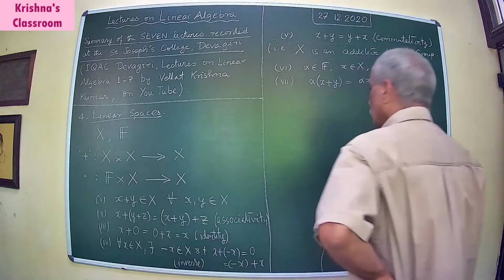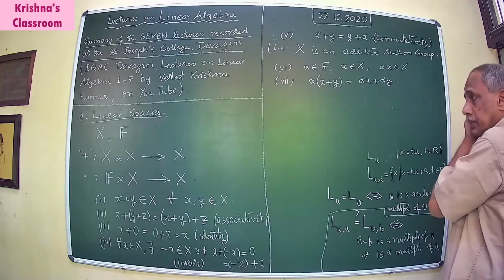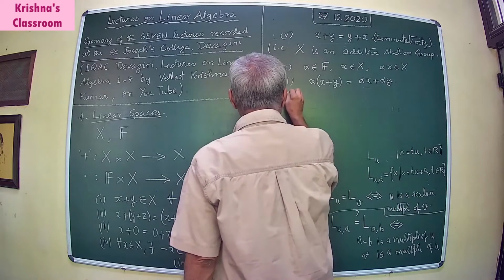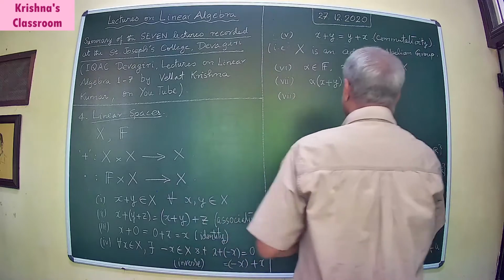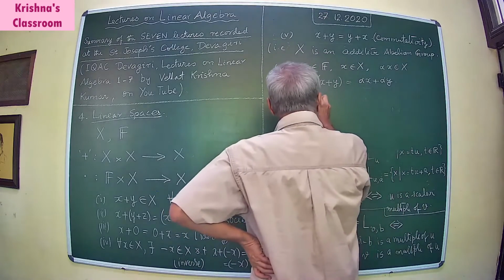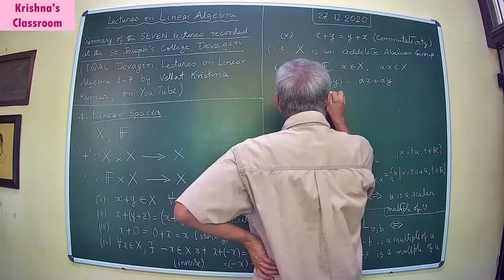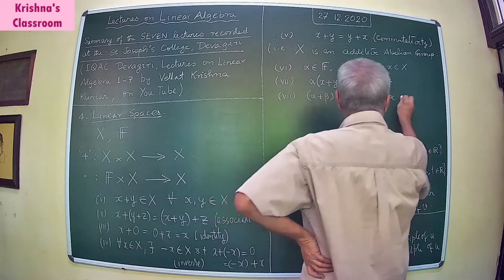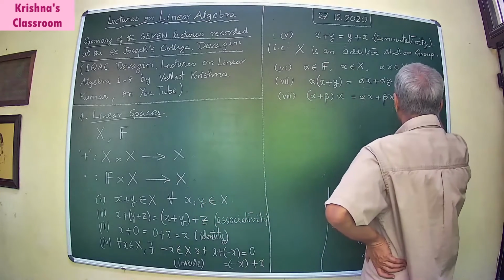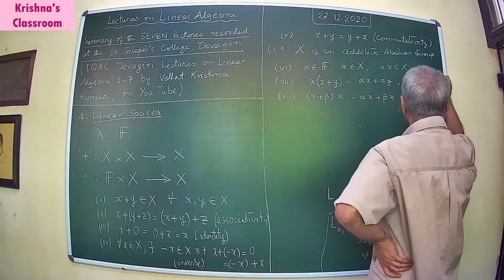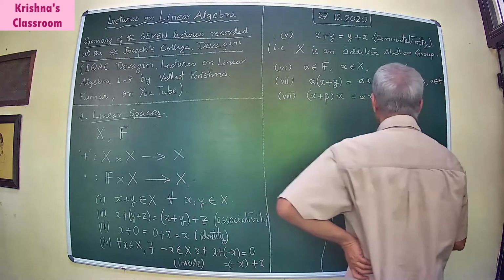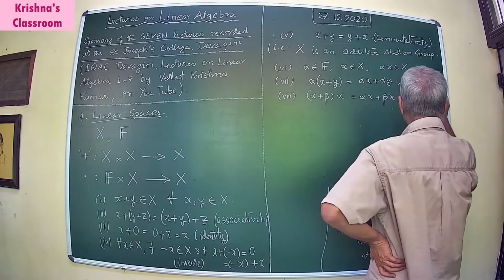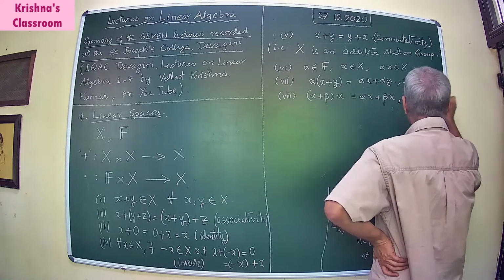This tells you how scalar multiplication interacts with addition. Then you have how the addition on F interacts with scalar multiplication, for x, y belonging to X and alpha, beta belonging to F.